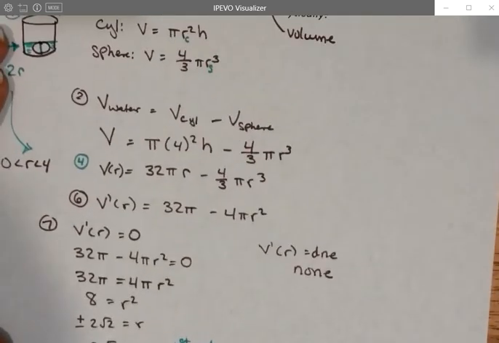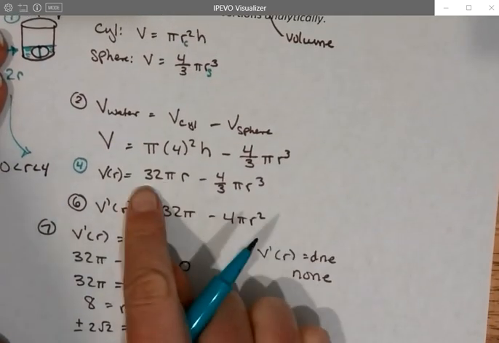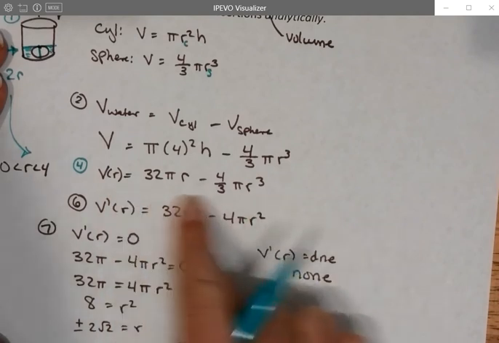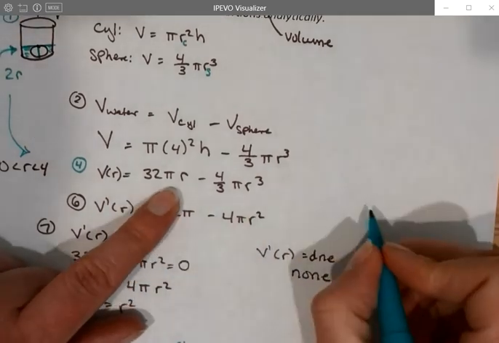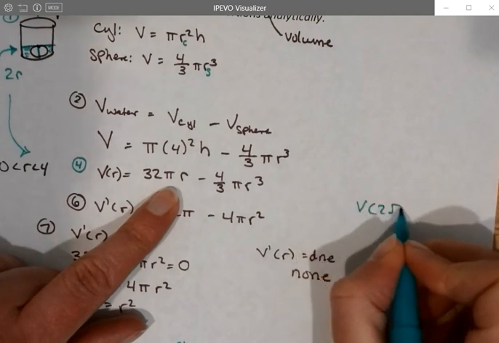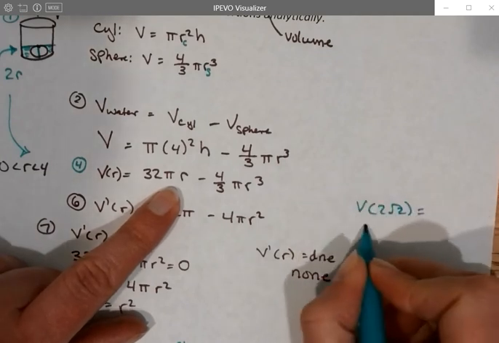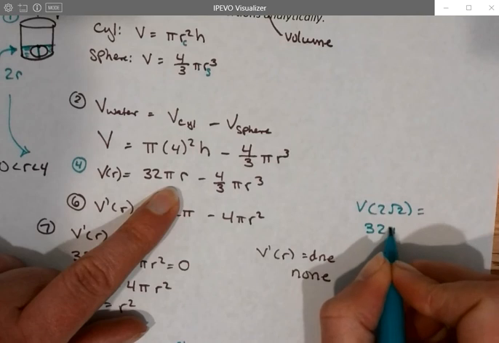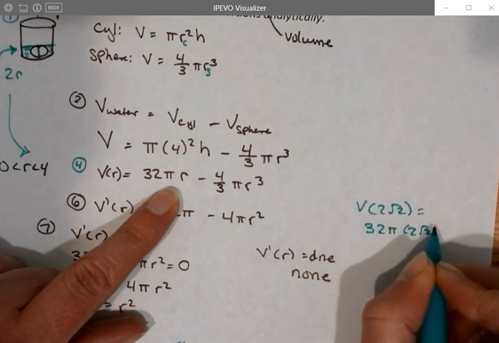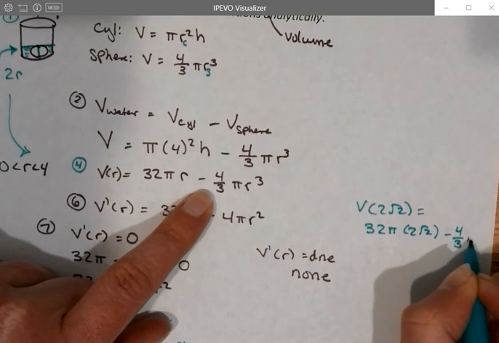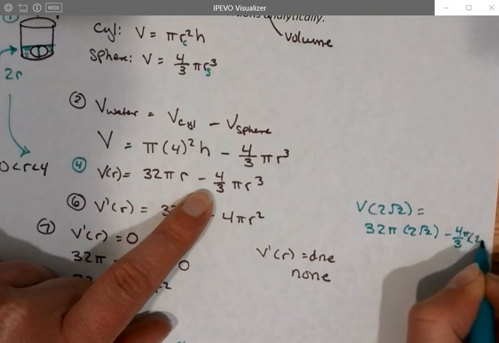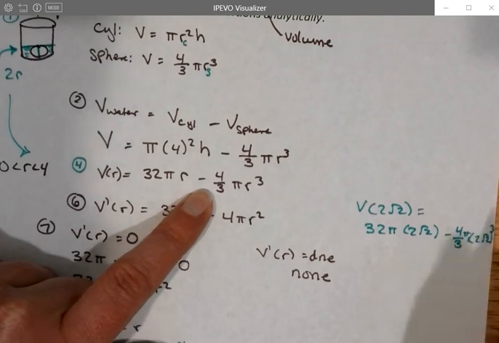So back up to our volume function, the original volume function. If we evaluate that at 2 square root of 2, the volume of 2 square root of 2 gives us 32 pi times 2 square root of 2 minus 4/3 pi times 2 square root of 2 cubed.